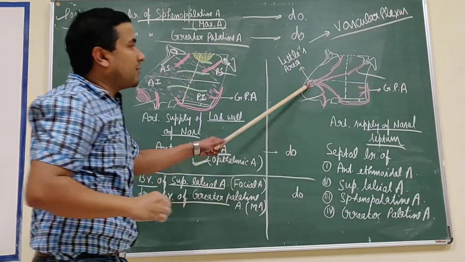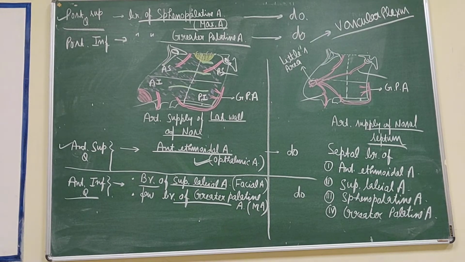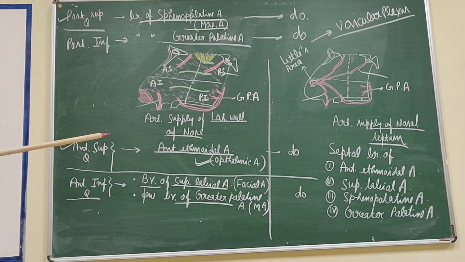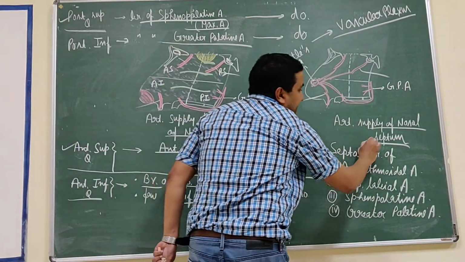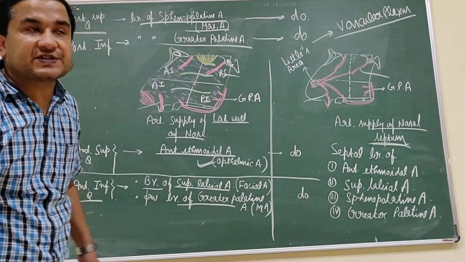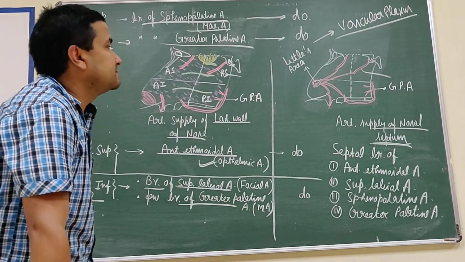Where is this vascular plexus formed? It is formed in the anteroinferior part of the nasal septum, just above the vestibule.